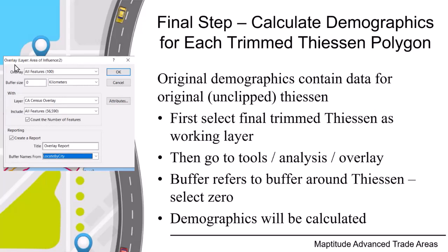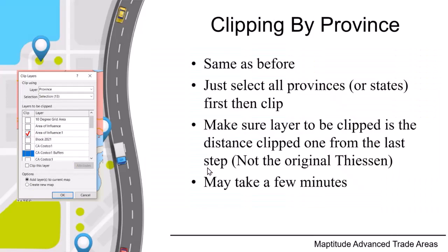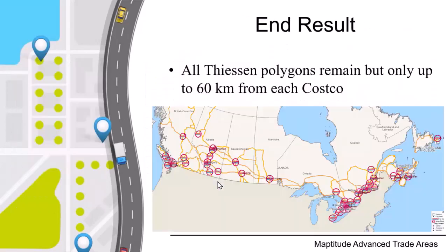You just go to Overlay, Tools, Analysis, Overlay, and make sure the final Thiessen polygon is your working layer, and then just select the layer you want to populate it with, and hit OK, and it'll calculate the demographics for each one of these trimmed Thiessen polygons, and you're done. You don't want to use the demographics from the original Thiessen polygons because it will include the demographics for these enormous areas. And then you're done.